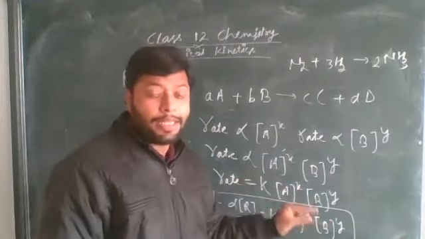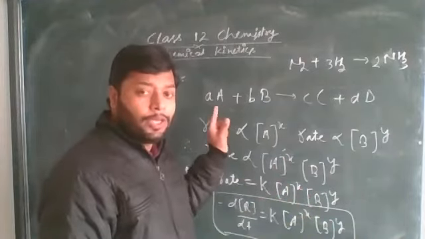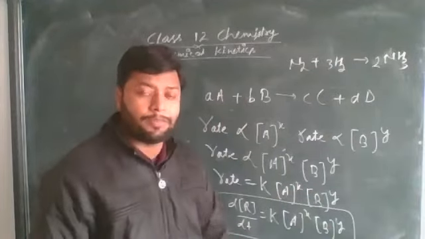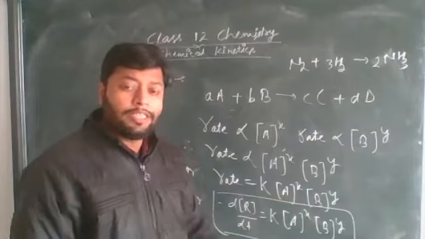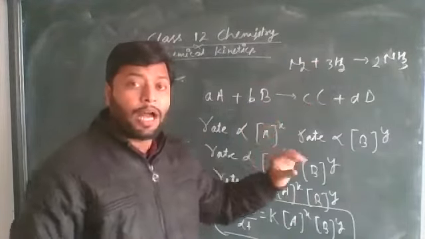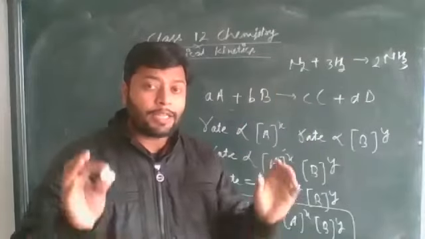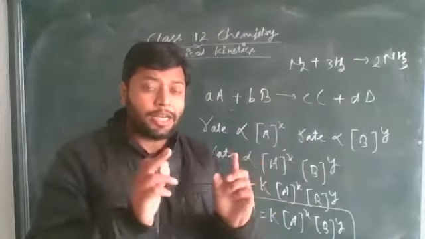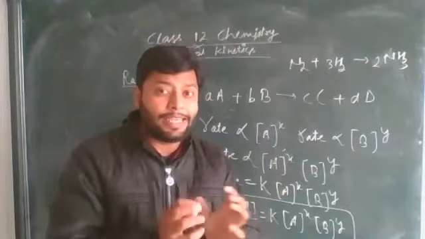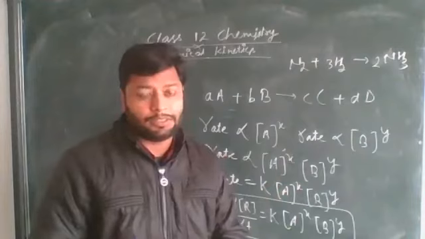This x and y may or may not be equal to the stoichiometric coefficients in the equation. The stoichiometric coefficient gives a complete picture, but does not explain to what extent the reactants combine or collide during the chemical process.